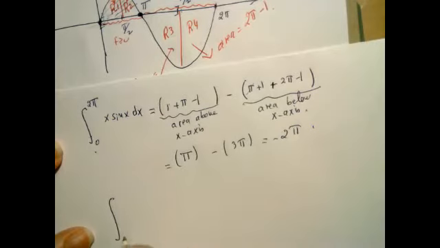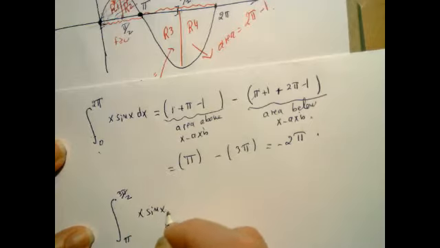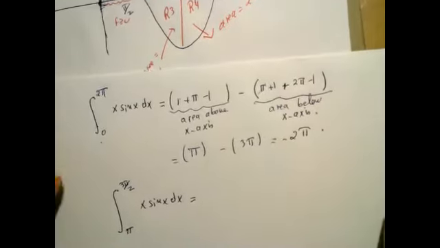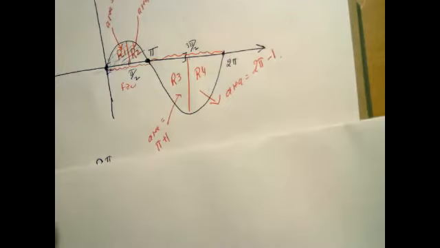What if I take the integral from pi to 3 pi over 2 of x sine x dx? Okay, pi to 3 pi over 2. Quick, I would like an answer. Let me do it this way.